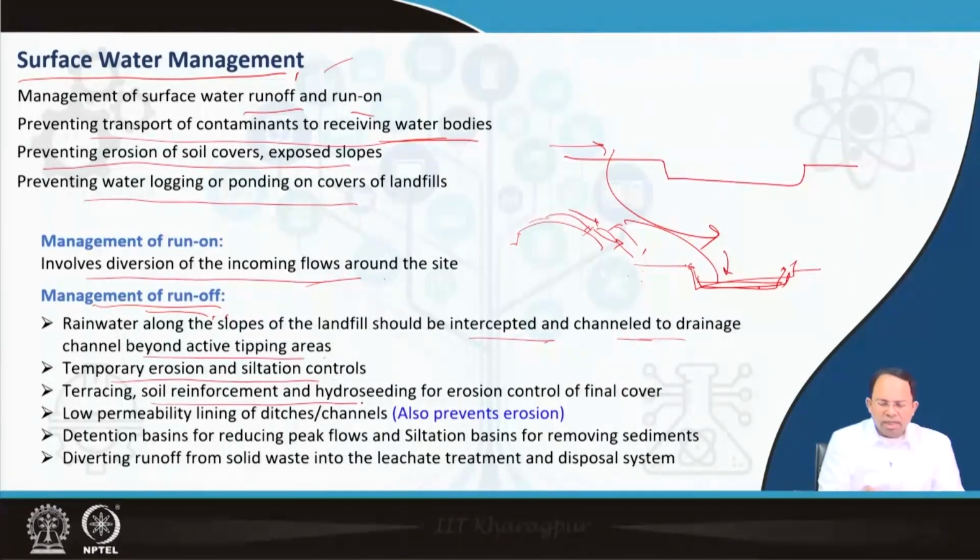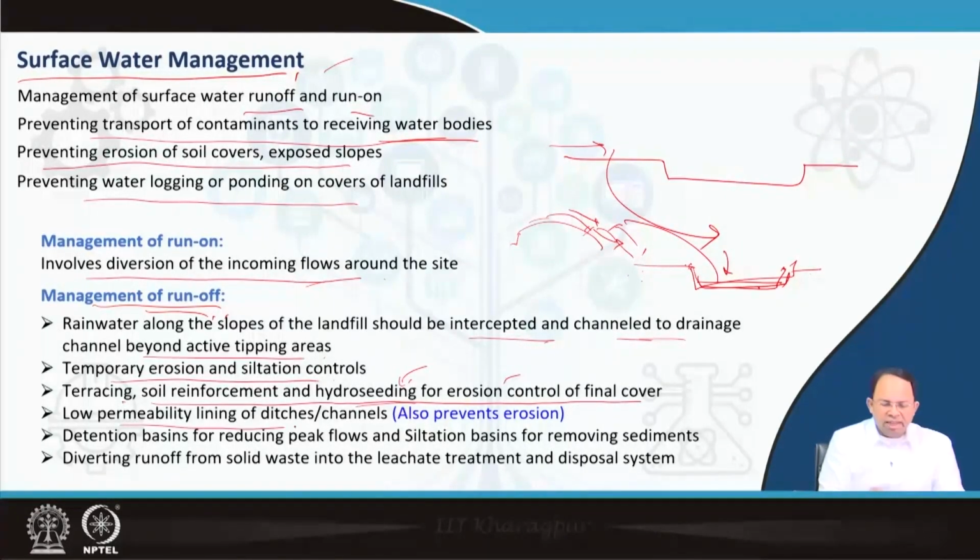Terracing, soil reinforcement and hydroseeding are used for erosion control of the final cover. Terracing, of course, we have discussed. For soil reinforcement, we have to put some amended soil, clay soil and so on. Hydroseeding is where we mix grass seeds with water and spray them over the cover. That results in uniform growth of grasses over the entire area, which will prevent erosion.